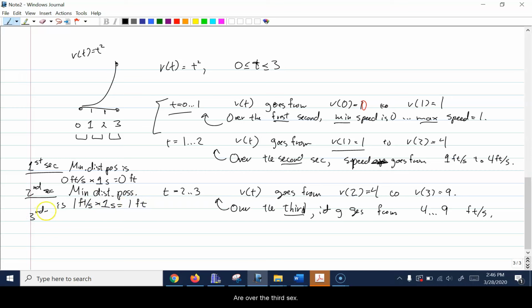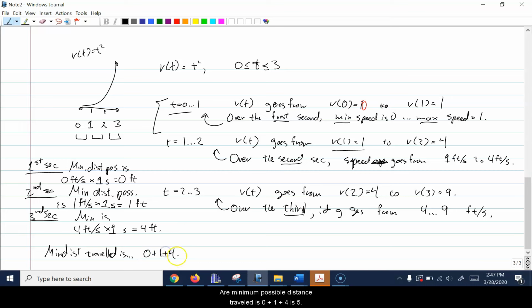And over the third second, the minimum possible is 4 feet per second for 1 second. Is 4 feet. So our minimum possible distance traveled is 0 plus 1 plus 4 is 5 feet.